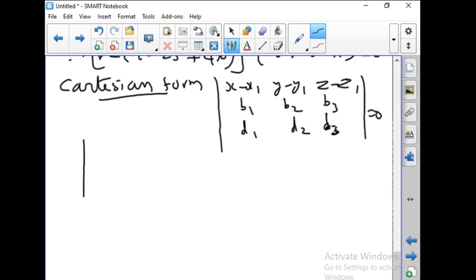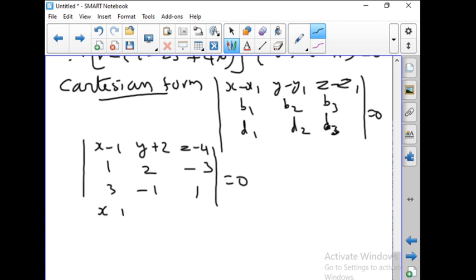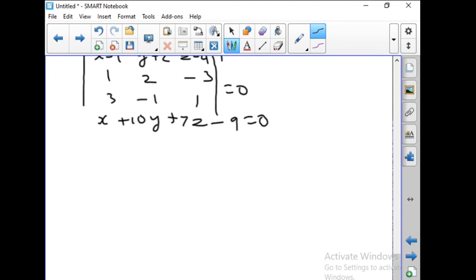So it is the determinant of x minus 1, y plus 2, z minus 4, 1, 2, minus 3, 3, minus 1, 1 is equal to 0. So expanding this we get x plus 10y plus 7z minus 9 is equal to 0. Expand it and find the answer.